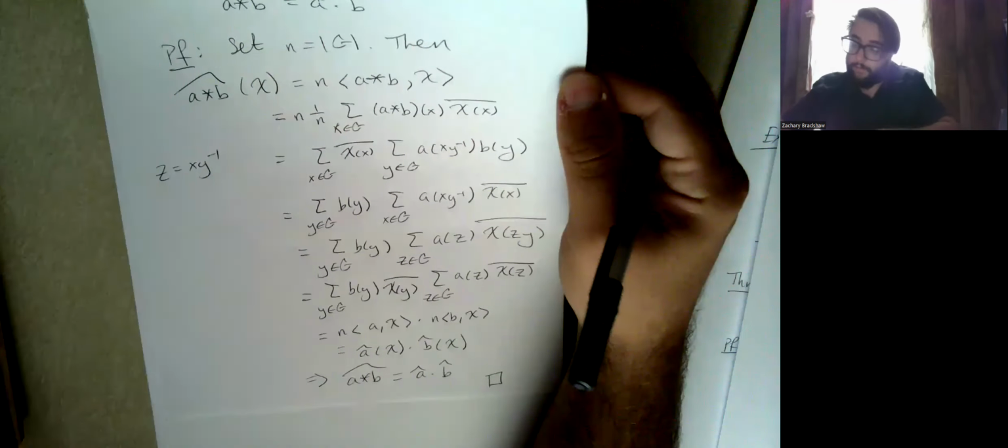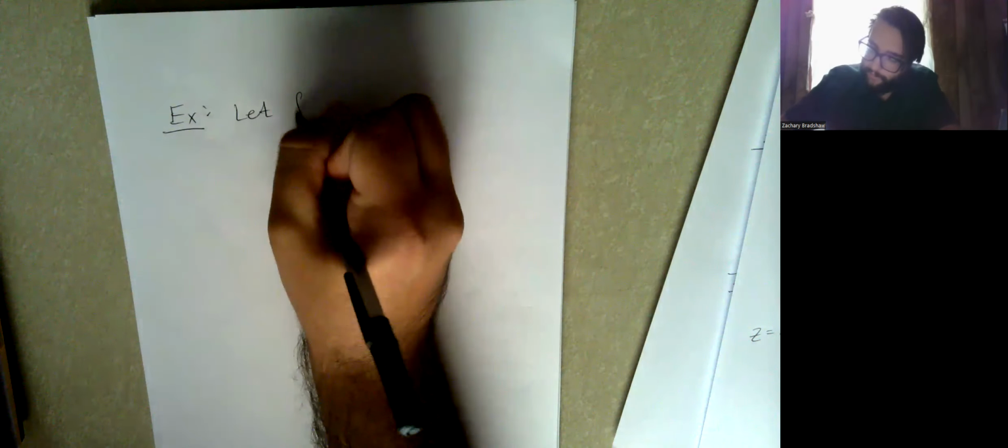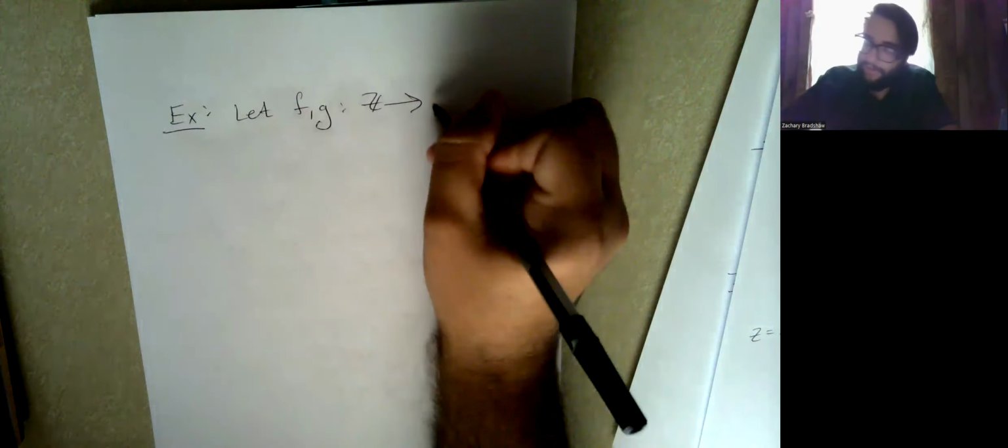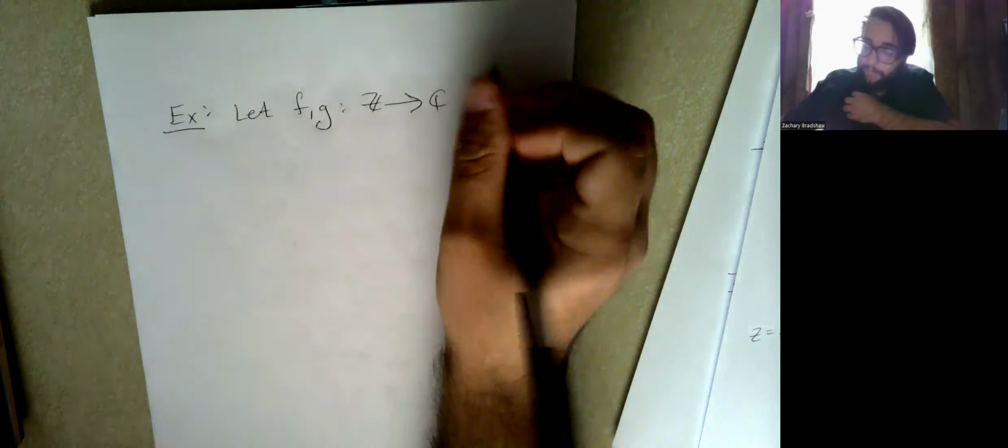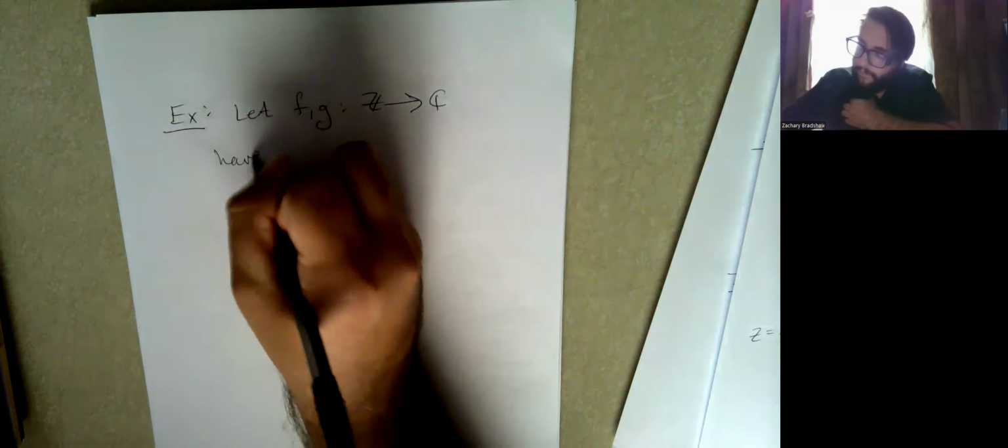Okay, so I want to end today with just an example. I want to put everything back in the perspective of the integers. So let's let f and g be functions that send the integers to the complex numbers, and let's assume that they have period n.